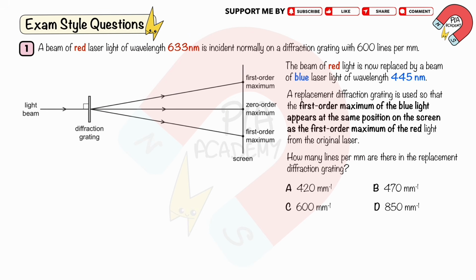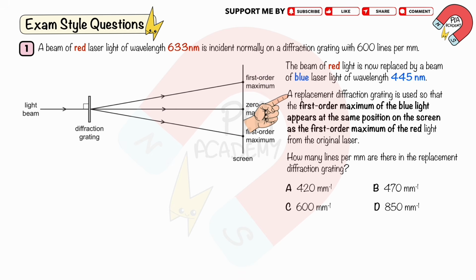Exam style question 1. A beam of red laser light of wavelength 633 nanometers is incident normally on a diffraction grating with 600 lines per millimeter. The beam of red light is now replaced by a beam of blue laser light of wavelength 445 nanometers.